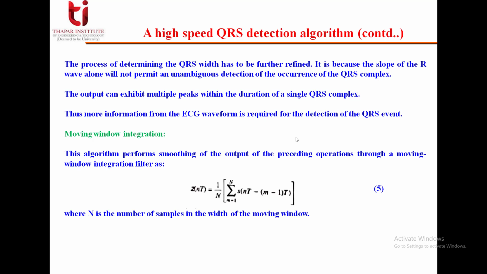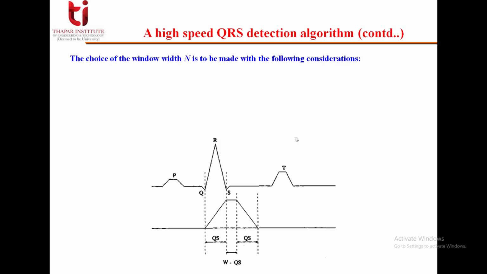So here capital N is the number of samples in the width of the moving window. The choice of window width N is to be made with the following considerations. If we choose a value which is too large, then the outputs due to the QRS complexes and the T waves will merge.